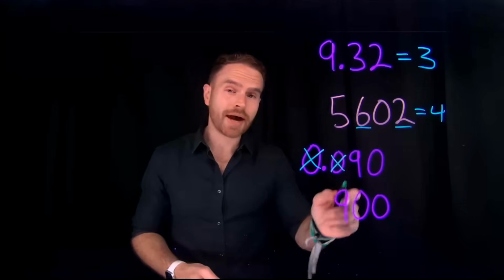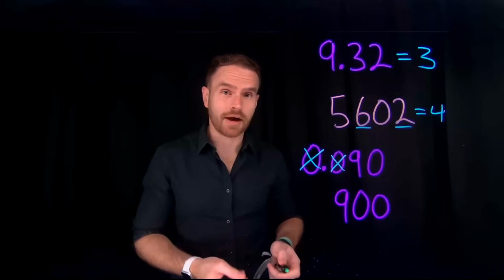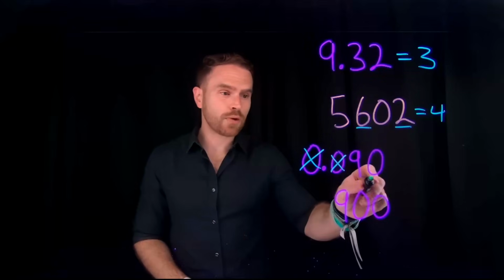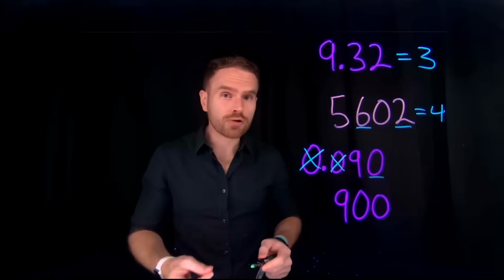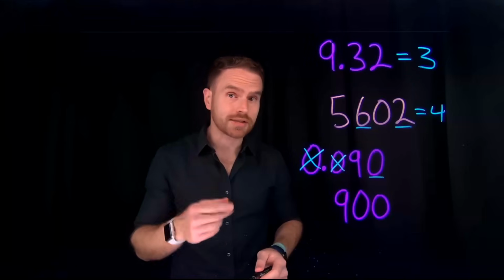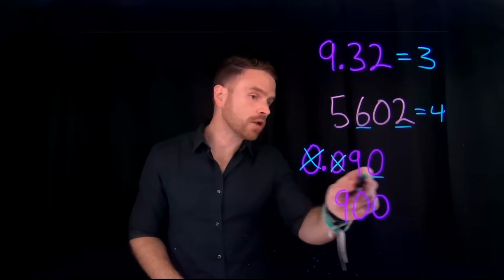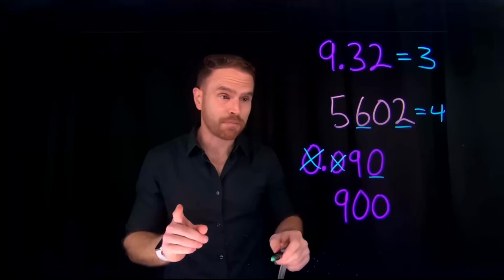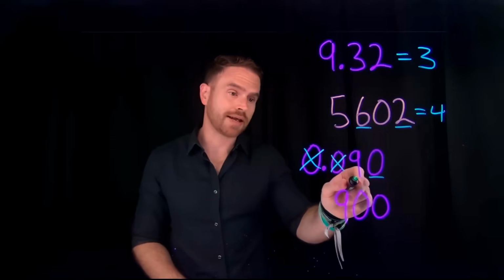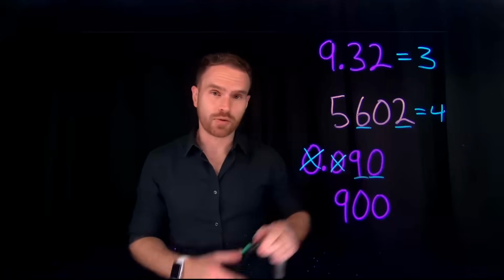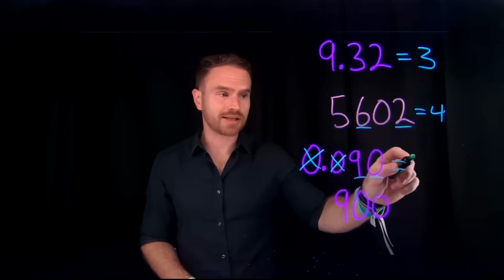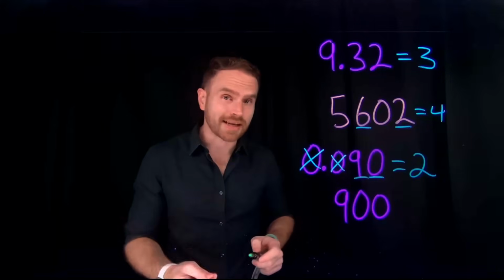We know that 9 is significant because it's a non-zero digit, but the 0 that comes after this is also significant for two reasons. Number one, it follows a decimal place, and that's important. And the second reason is that it also follows a non-zero digit. So as a result, we would say that this value has two significant figures.